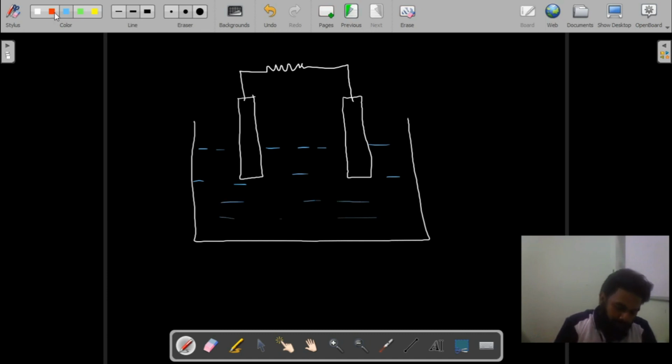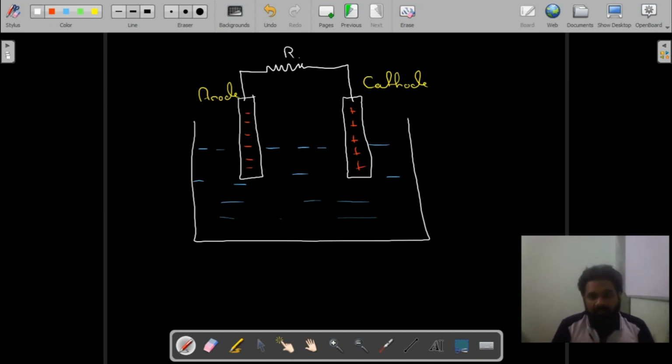Okay, so at one terminal, where the anode is, electrons will be joined together, and wherever the cathode is, we will be getting positive charges. So this is what is happening. Now from which terminal to which terminal do electrons flow?